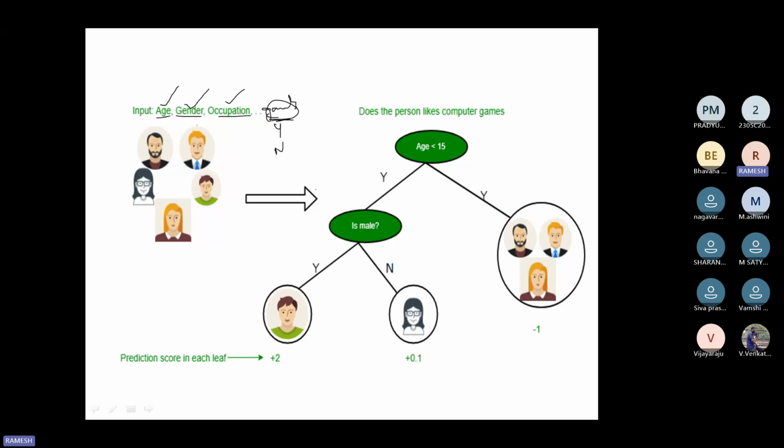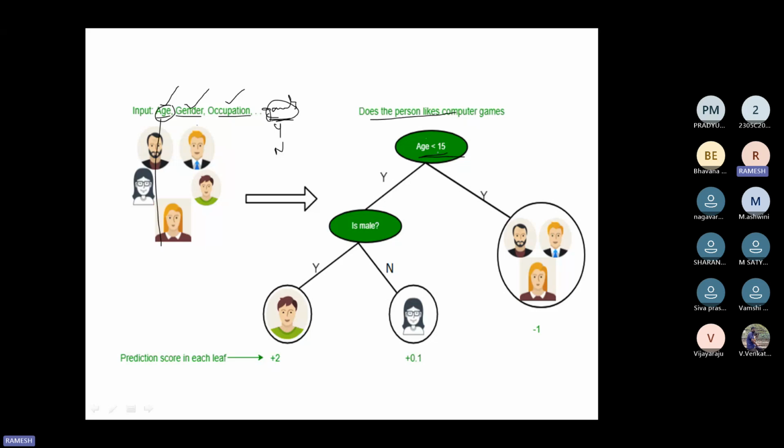Now, directly on the right side, a tree is formed. In that, age is taken as the root node. Whatever the age, the complete age is divided into greater than 15 or less than 15. Age is a continuous value: 1, 2, 3, 4, 5, 6, 20, 30, 40.